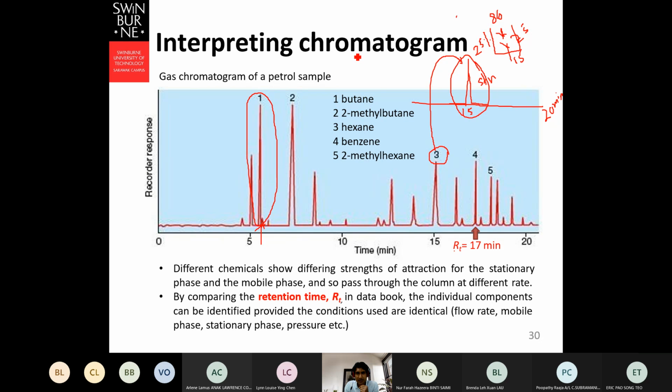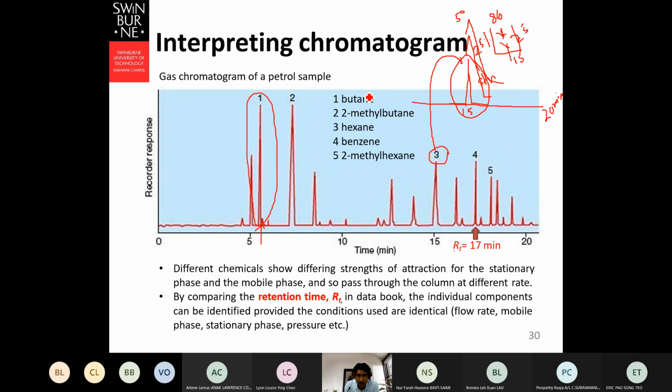Now I take 50% of the sample on the same column. Once the 25% run is done, I start again from the beginning with 50% of the same sample, same instrument, everything the same, and I get a peak this big. And I will do 75%, I get this big, right?